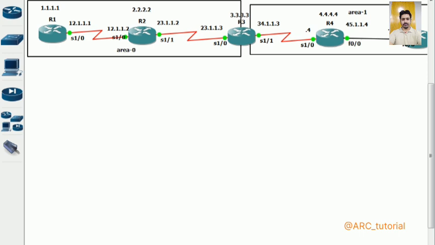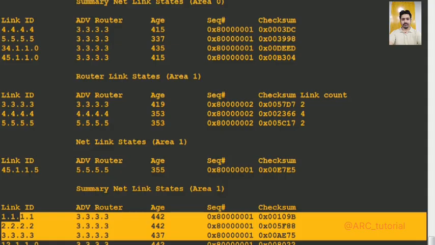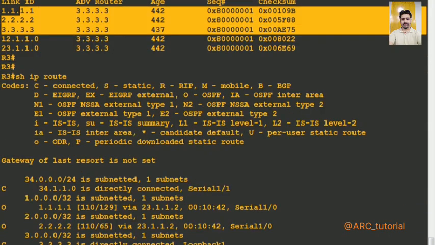However, those summary LSAs are generated by itself. But again, in the routing table of R3, you will get this one as intra area.